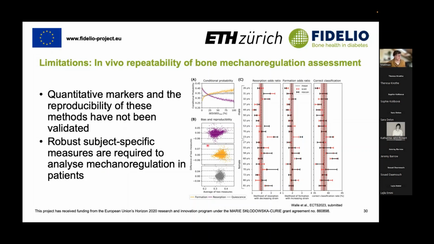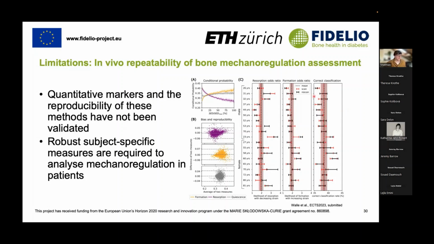What we're currently developing is a load-driven resorption and a load-driven formation measure in the form of odds ratios that describe the likelihood of bone being resorbed with decreasing strain, or the likelihood of bone being formed with increasing strain, and an overall measure, the correct classification rate, which says how well the mechanical signal overall is correlated with the bone formation and resorption sites.